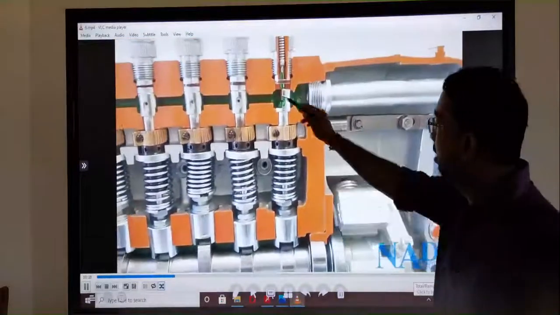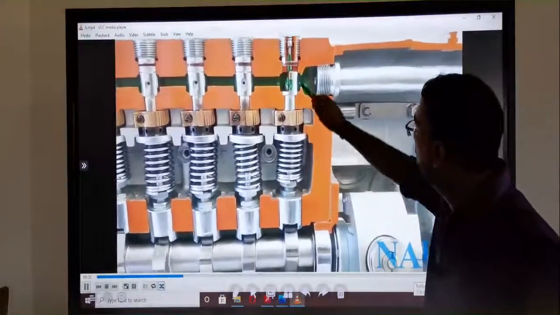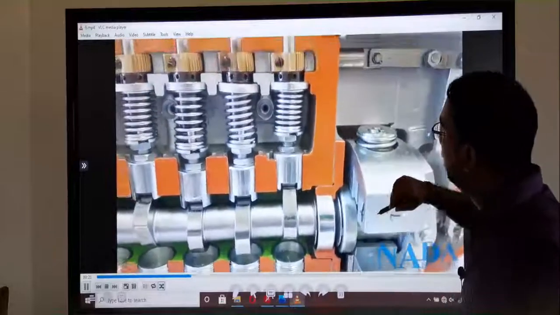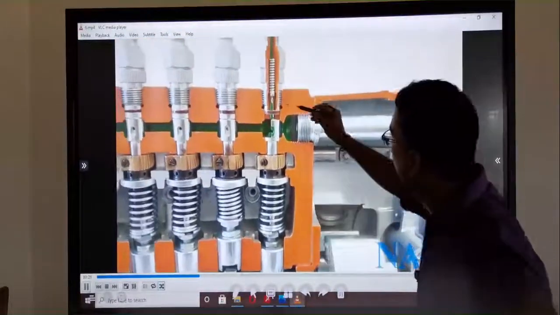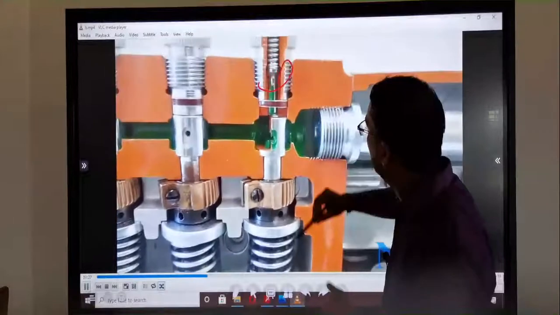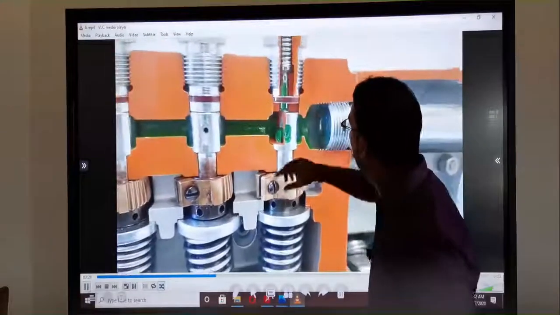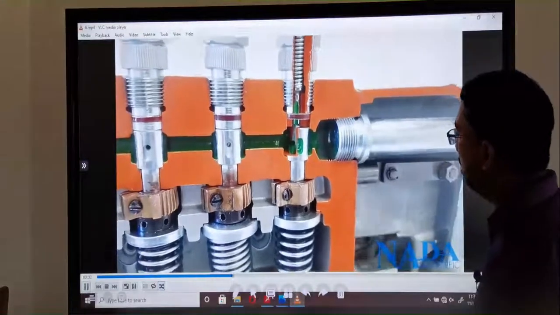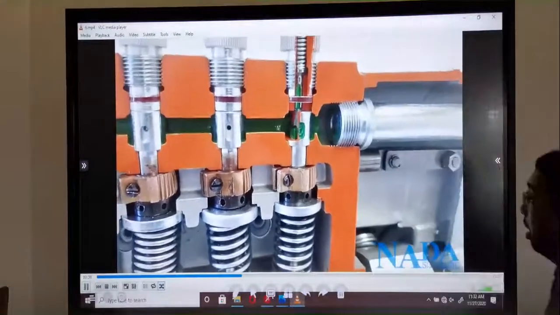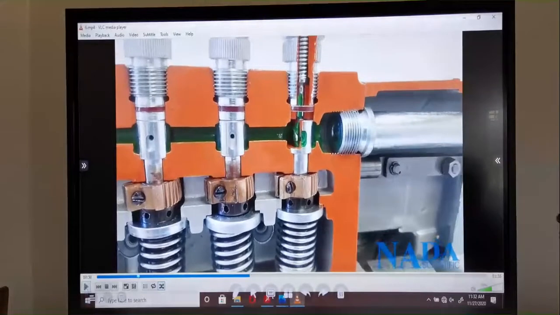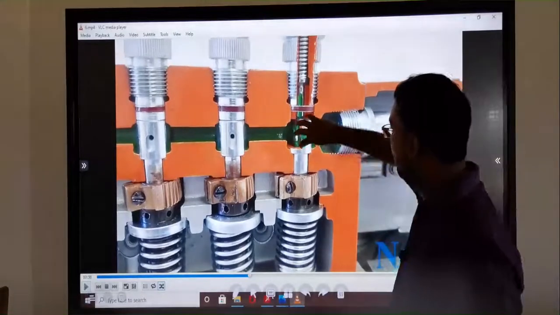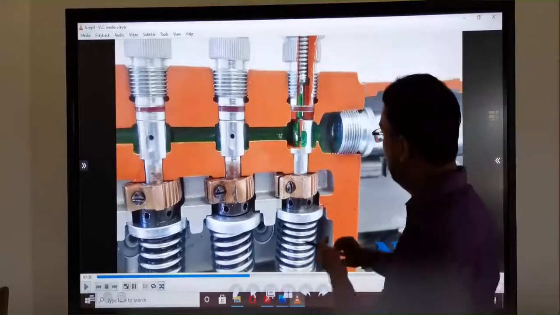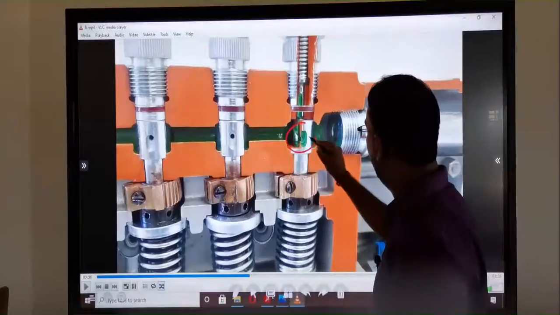When the fuel is filled, you can see here the plunger. When this lever is working, this rotates like this.